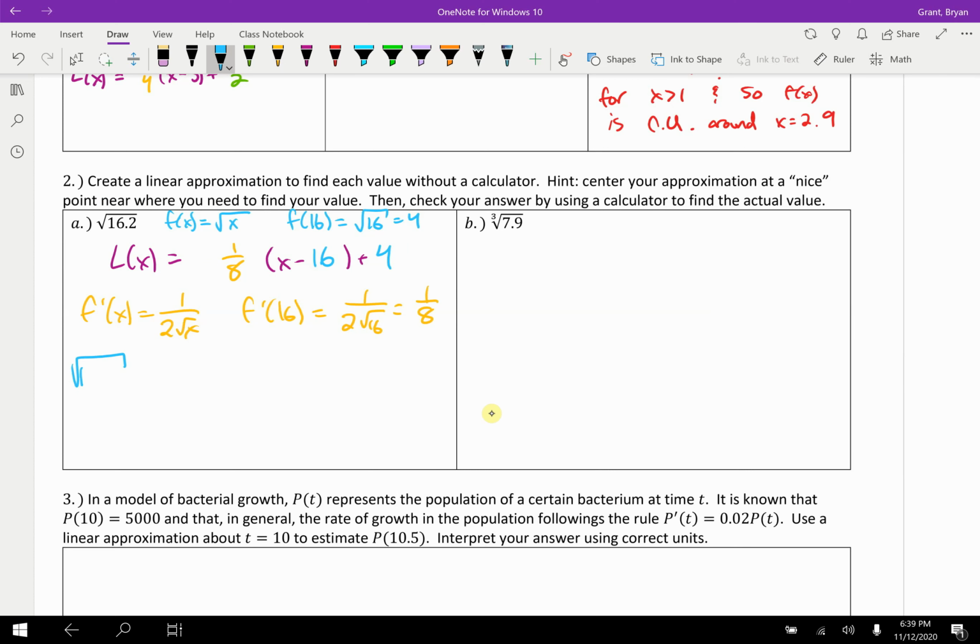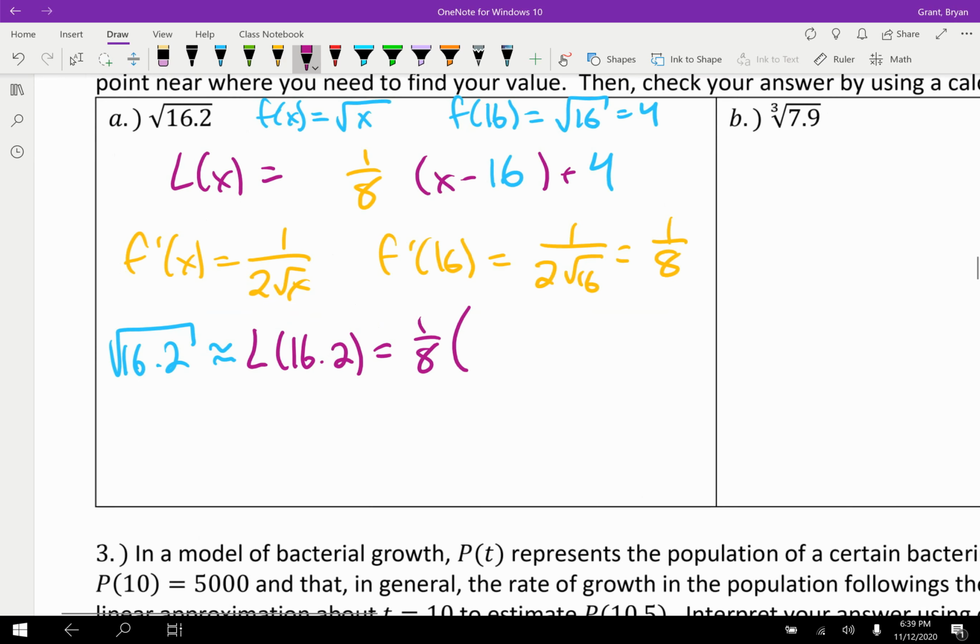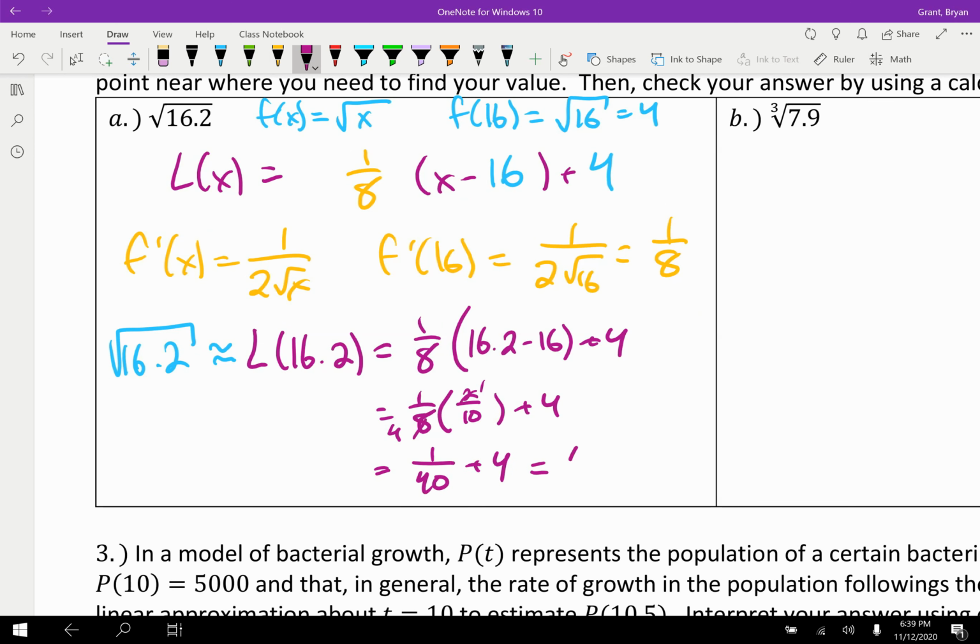So the square root of 16.2 is approximated by the linear approximation of 16.2, which is 1/8 times 16.2 minus 16 plus 4. 1/8 times 2/10, reducing some fractions here, we get 1/40, plus 4, which is 4 and 1/40. So I'm suggesting that 4 and 1/40 is pretty darn close to the square root of 16.2.